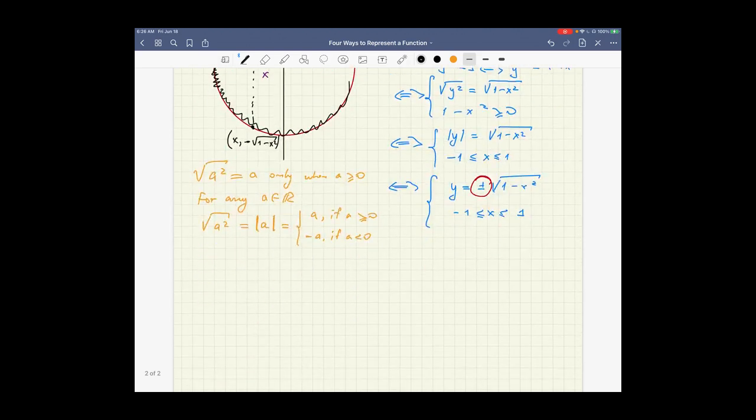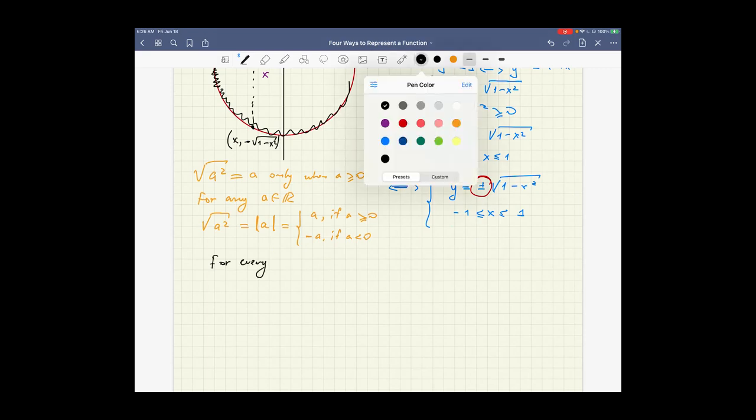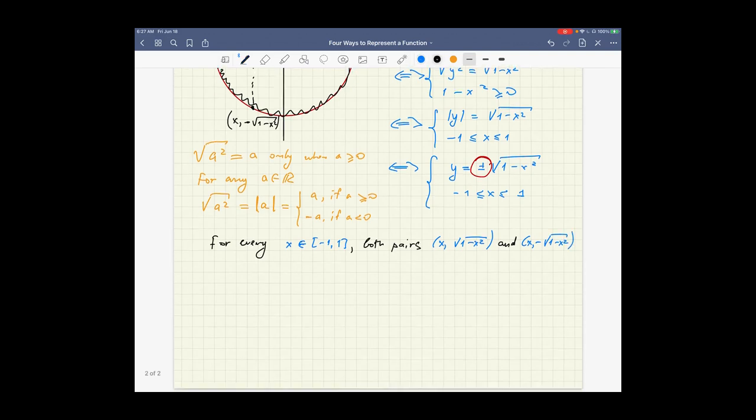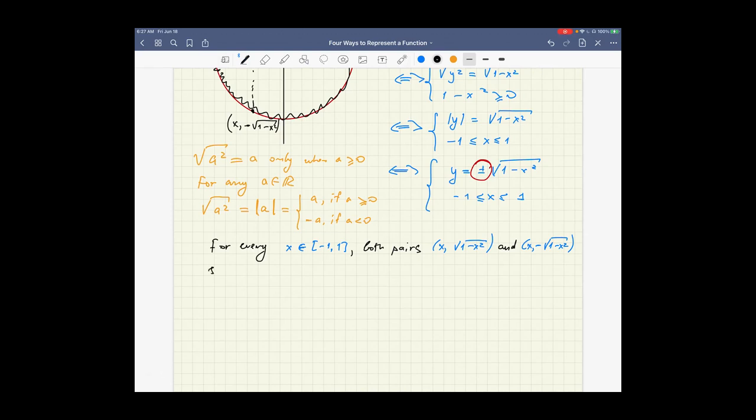So what I'm saying is that for every x in between negative 1 and 1, both pairs x comma positive root 1 minus x squared and x comma negative that satisfy the equation, or rather belong to the relation stemming from this equation.